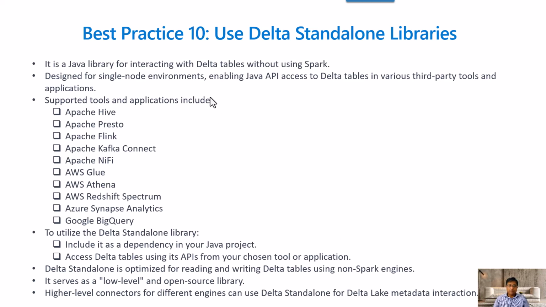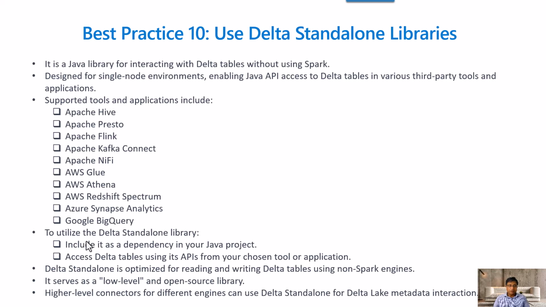It enables Java API access directly to the Delta table, and you can use it if you are using a third-party library or creating your own standalone application. The applications that can support its use include AWS Athena, Apache Flink, Apache-related tools, AWS-related tools, and even Azure Synapse Analytics.